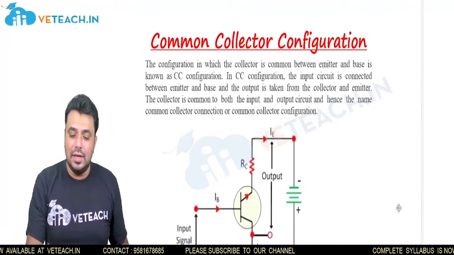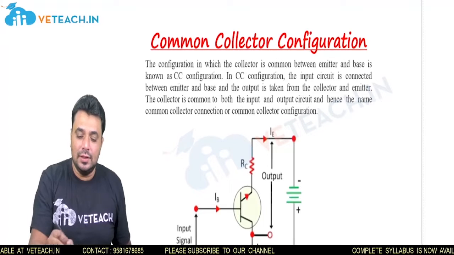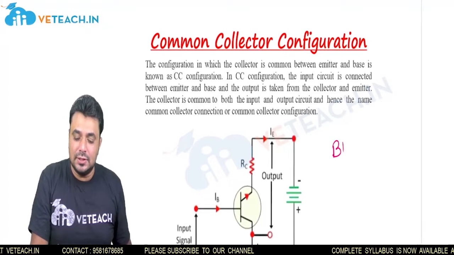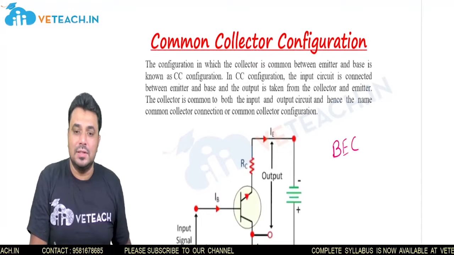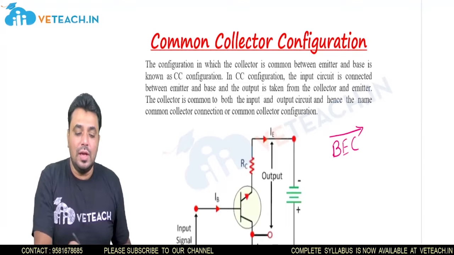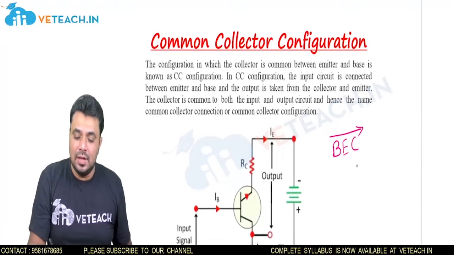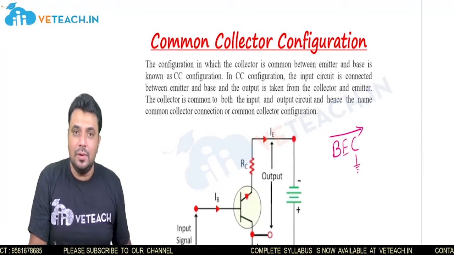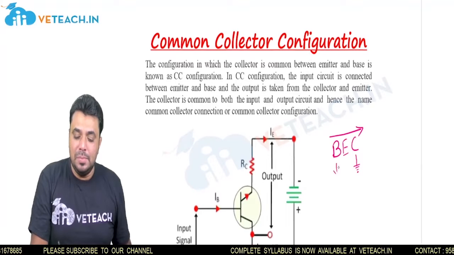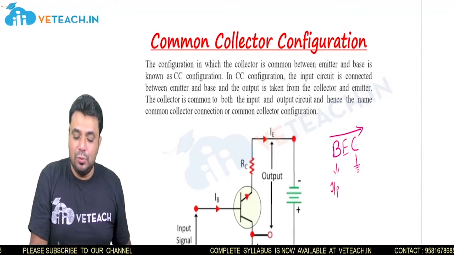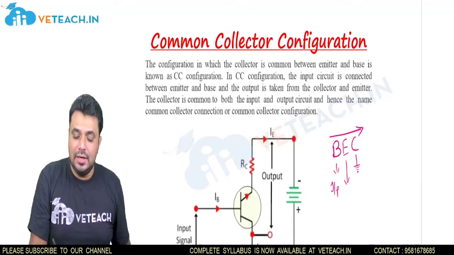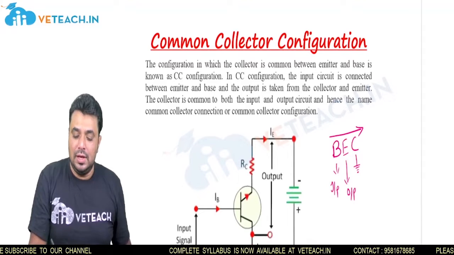Before starting any configuration, first take the transistor from left to right. Now here we are going to take it for the common collector, so make this the ground. Then from left to right, B becomes the input terminal and E, the emitter, becomes the output terminal.